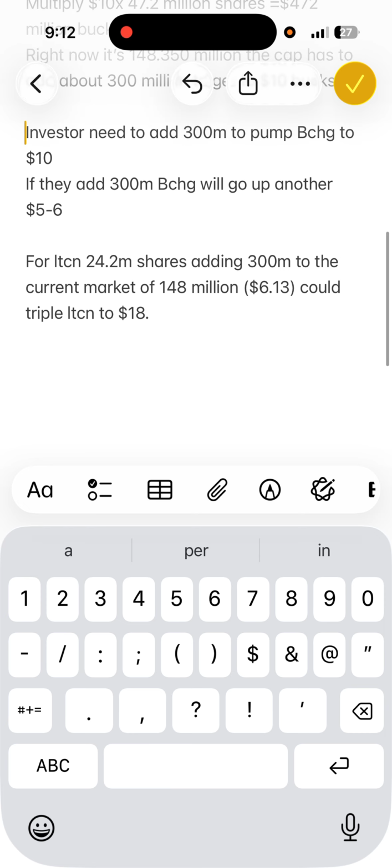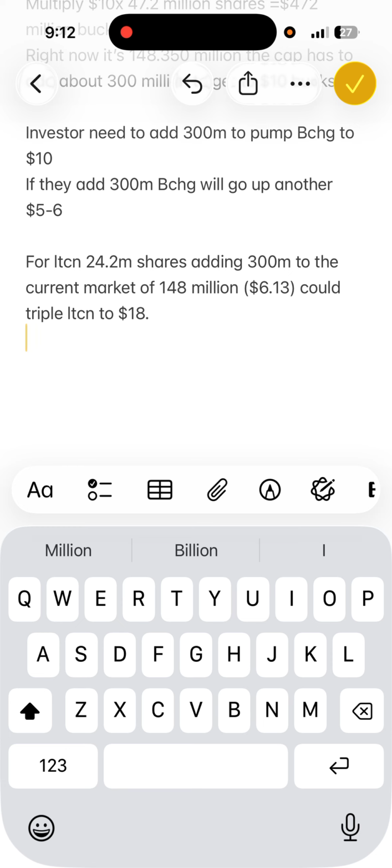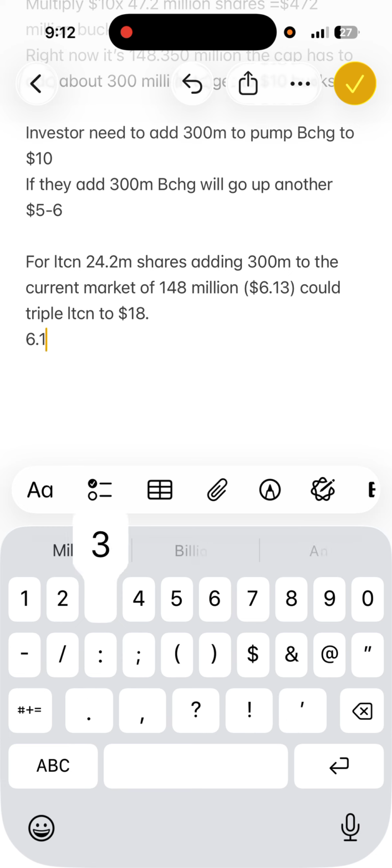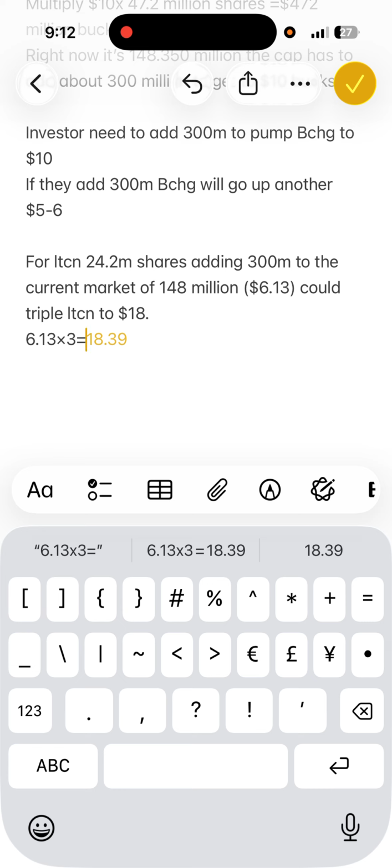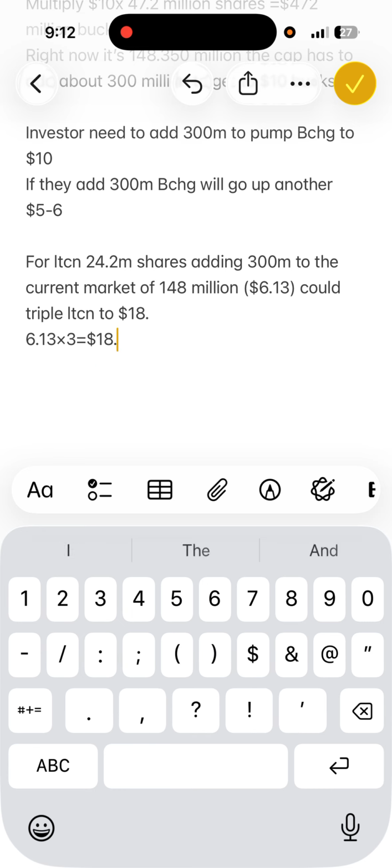How did I figure that out? Because if you think about it, $6.13 multiplied by 3 equals $18.39.